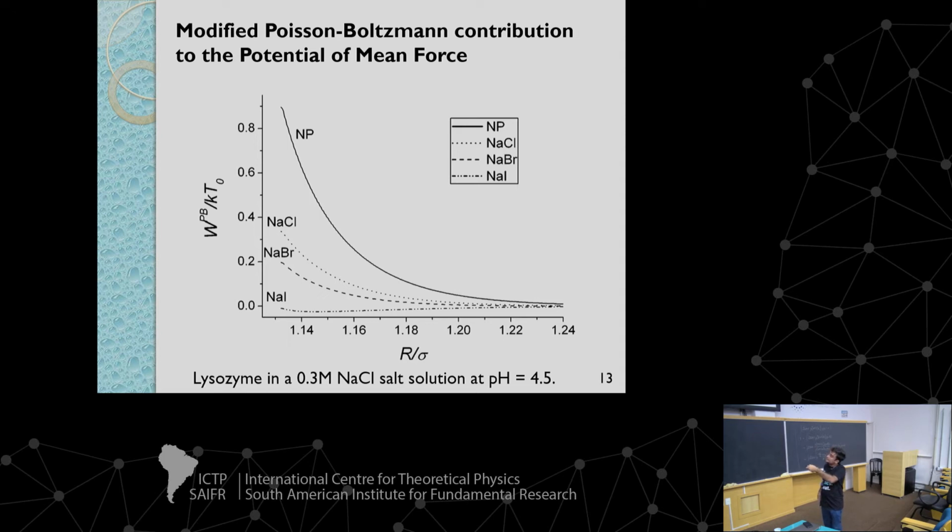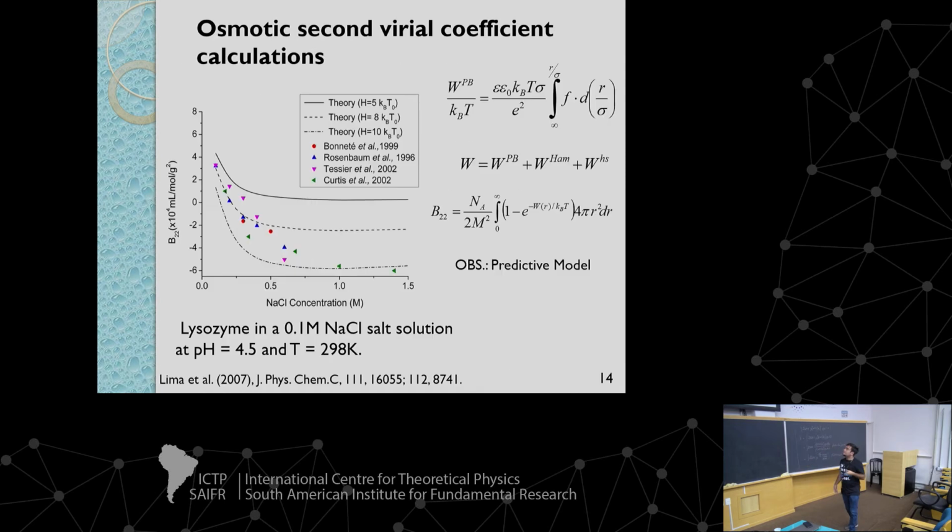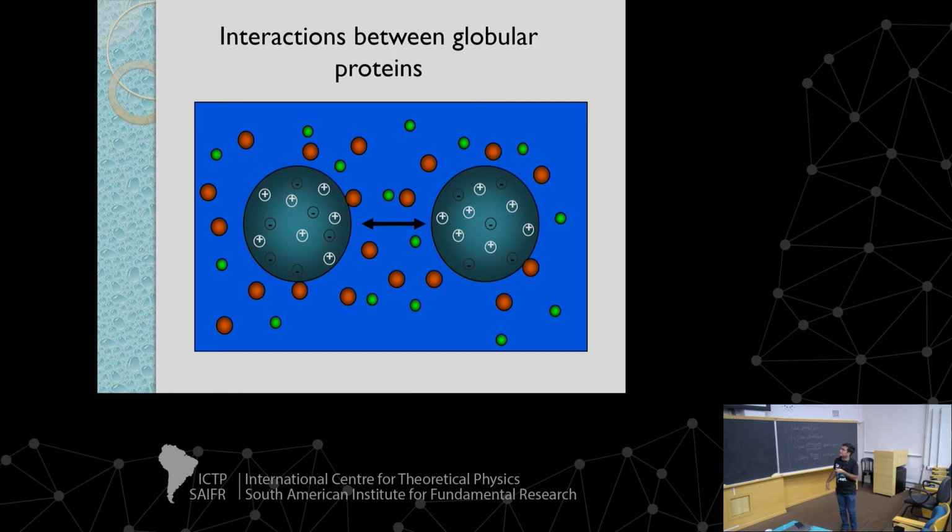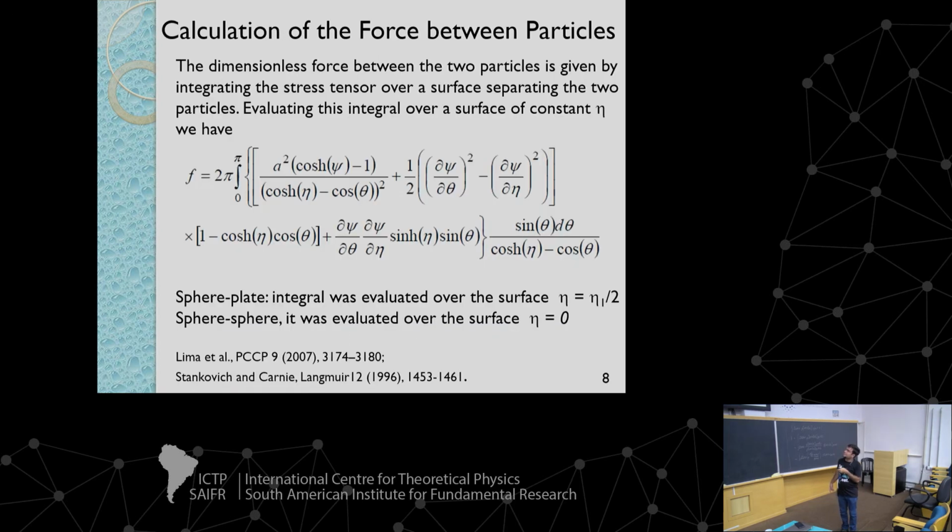So, from this, the potential of mean force can be obtained by integrating the force with the expression that I showed before. Let's return a little here. So once we obtain psi as a function of position, we do this integral and get the force.